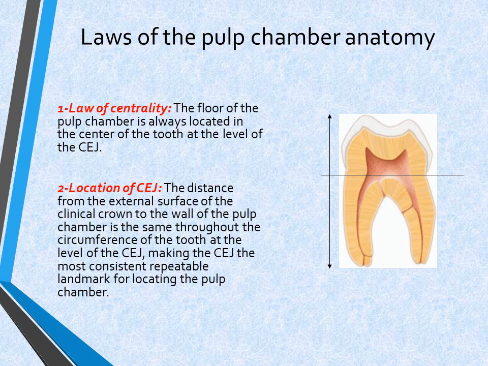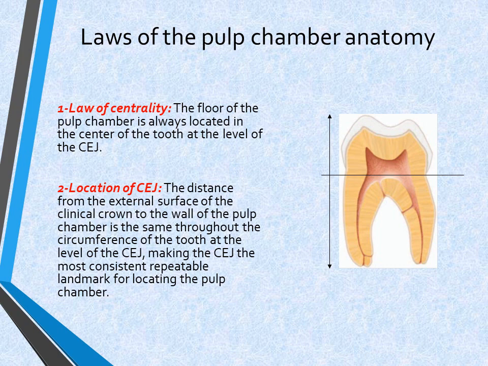The first is the law of centrality. So according to this law, the floor of your pulp chamber is always located in the center of the tooth at the level of the CEJ. So you have to understand that when you are dealing with the root canal, the floor is always going to be found in the middle of the tooth at the level of the CEJ.